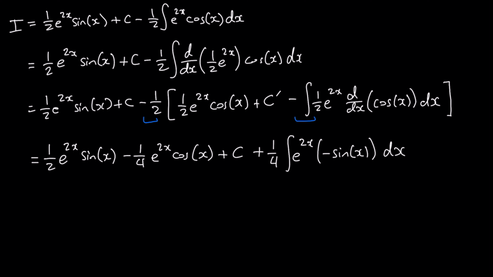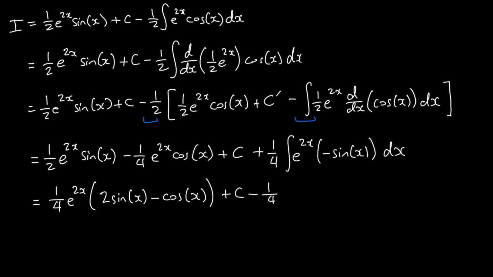So now I can rewrite this as, let's pull out a common 1 over 4 e to the 2x, in brackets, 2 sine x minus cos x, plus c minus 1 over 4, and then the integral of e to the 2x sine x dx.